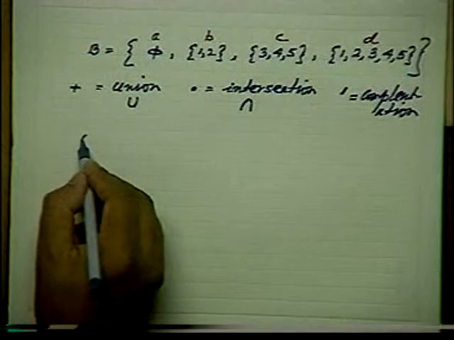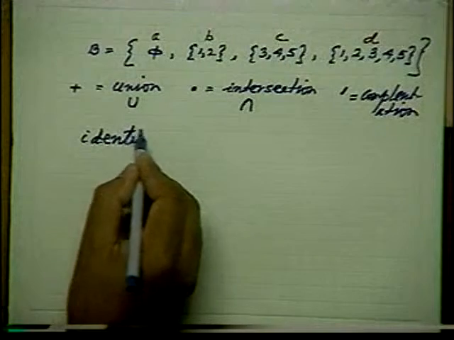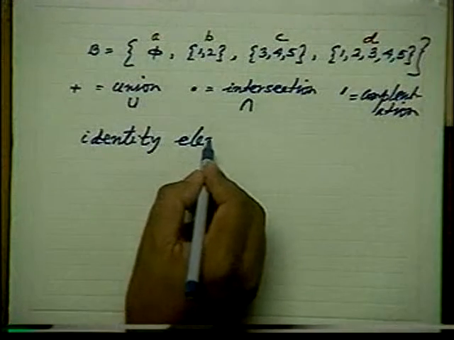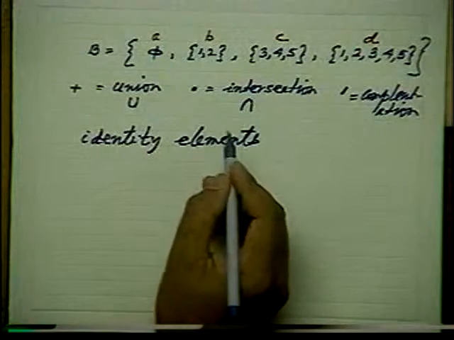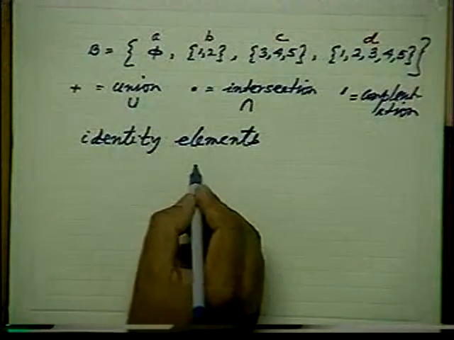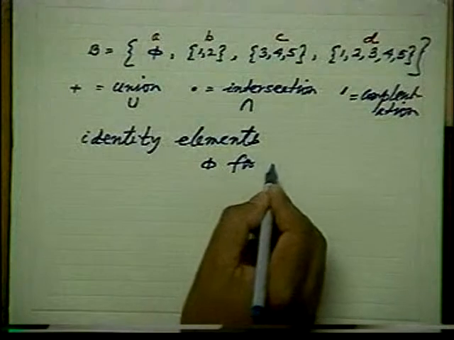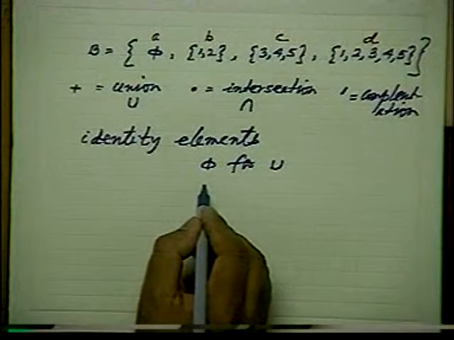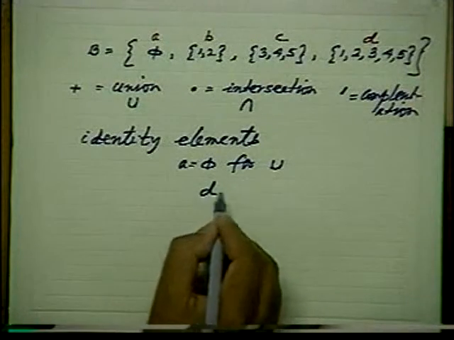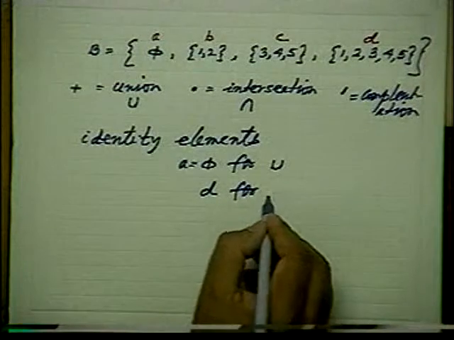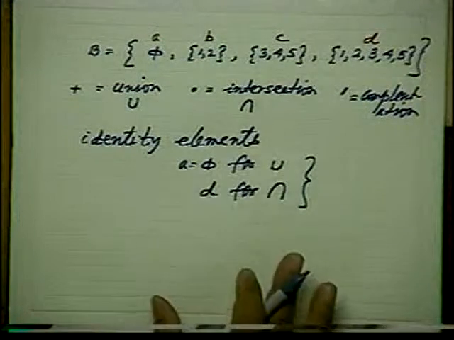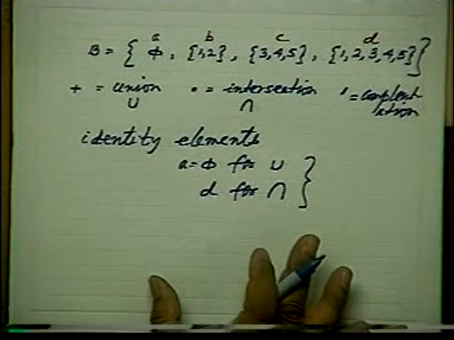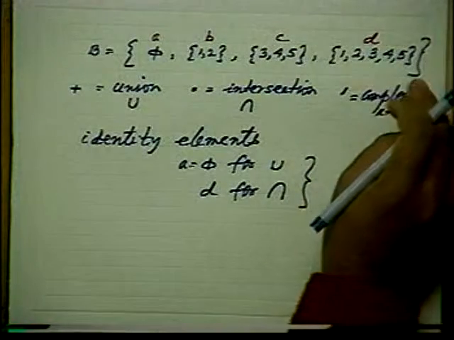If you take the identity elements, that means phi for union, and D for intersection, you will find that all the axioms are holding good, and once more this turns out to be an interpretation of a Boolean algebra.